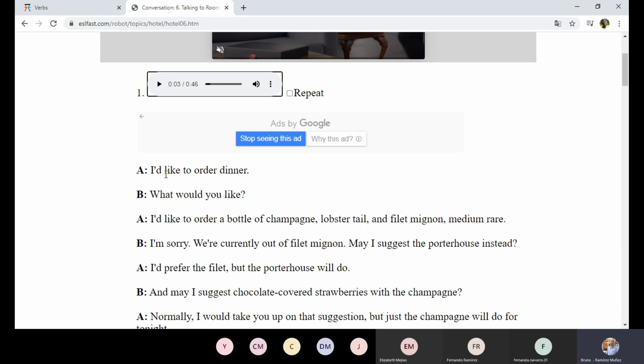So my question is, how many consonant sounds are there in this statement, in this sentence? I'd like to order dinner. My second question is, how many vowel sounds are present in this statement or utterance?